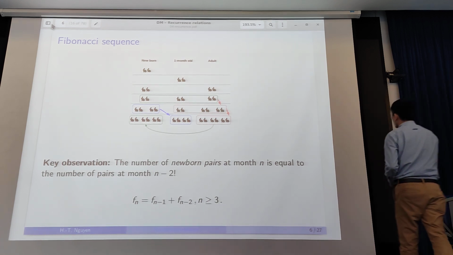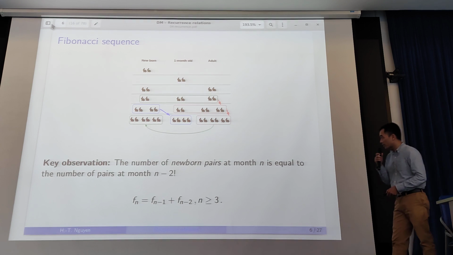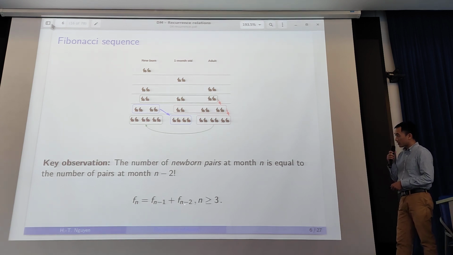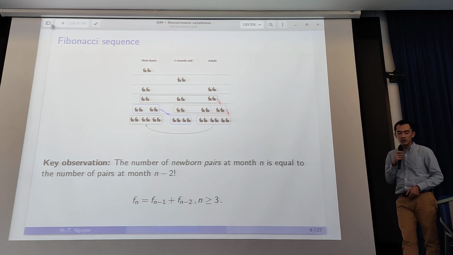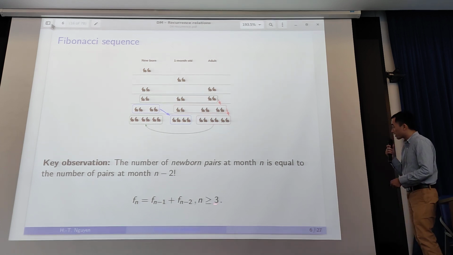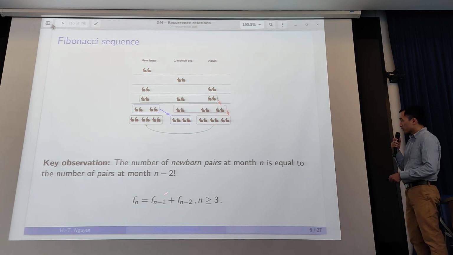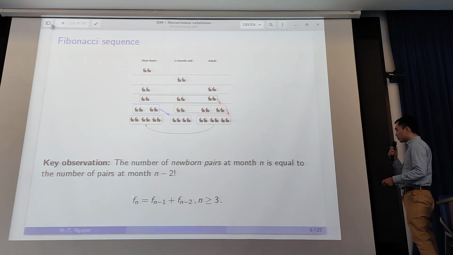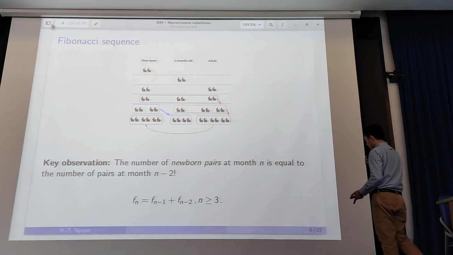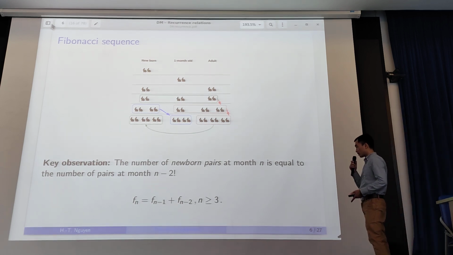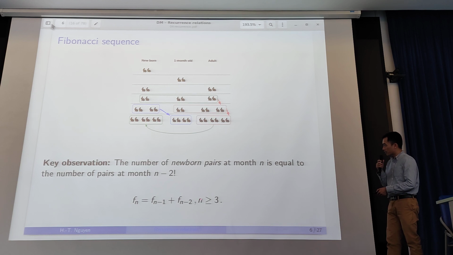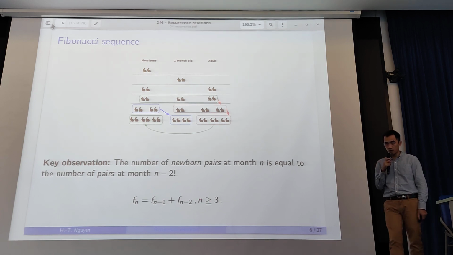Since our sequence starts with index 1, for n minus 2 to be at least 1, we must have n greater than or equal to 3. So this relation applies to all the terms of our Fibonacci sequence starting from n equal 3.